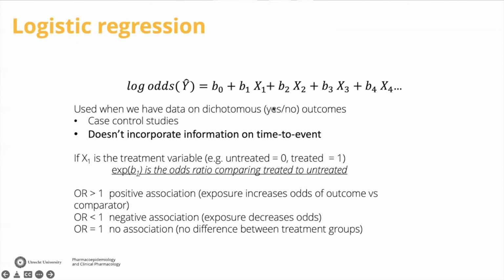And here, if x1 is the treatment variable, then the beta coefficient associated with this variable will indicate what the association is between the exposure and the outcome variables.